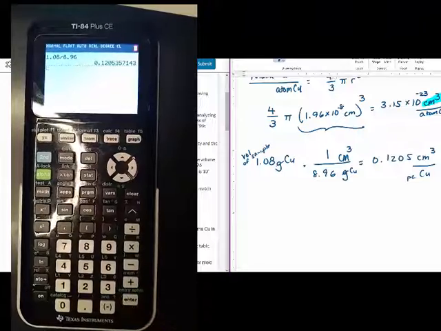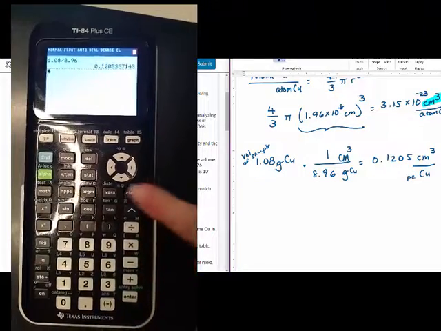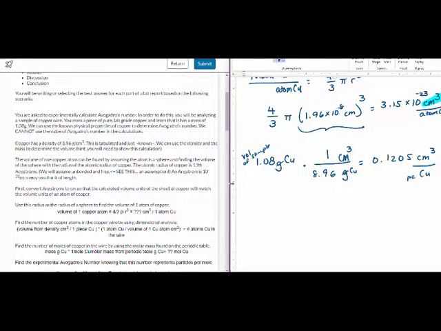So now I have the volume of my sample, and I have the volume of one atom. I want to find the atoms in my wire. So I want atoms in the numerator. See how I have atoms in the denominator here? And I want my piece of copper or wire in the denominator.